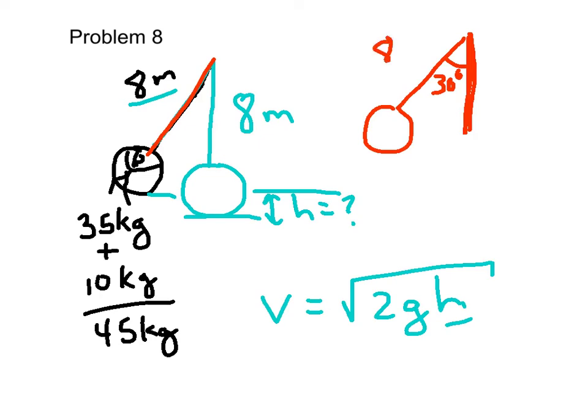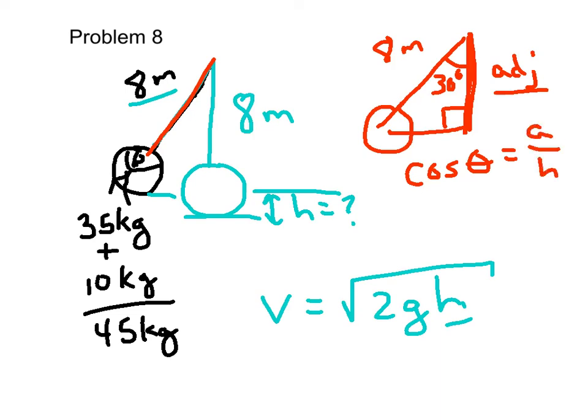If we think about it, if this is 8 meters, and this is essentially going to create a right triangle for us, then we've got a side adjacent to the angle. So this is our adjacent side. And with that, we should be able to find this side very easily using just our general 90-degree cosine rule. So we know that the cosine of the angle is the adjacent side divided by the hypotenuse.